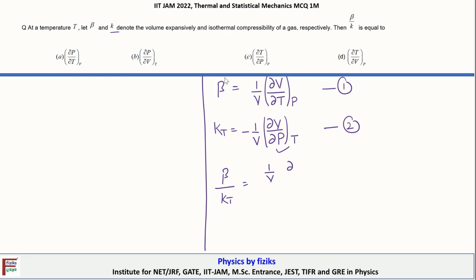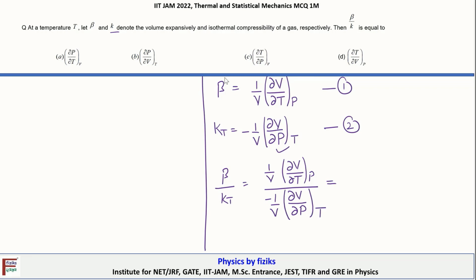1 by V dV by dT at constant pressure, divided by minus 1 by V dV by dP at constant temperature.